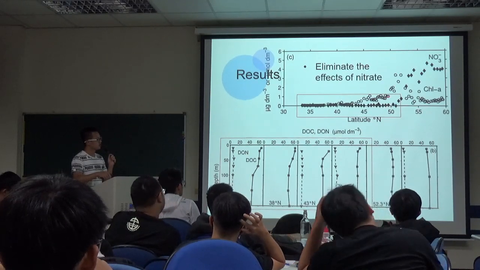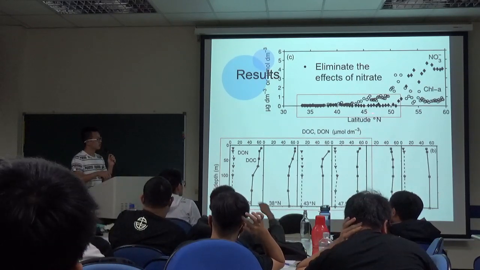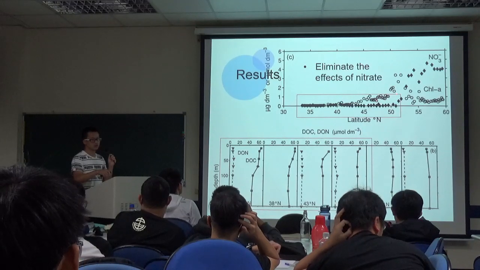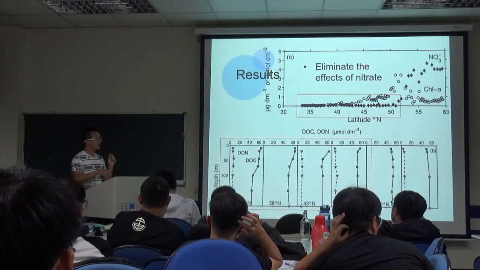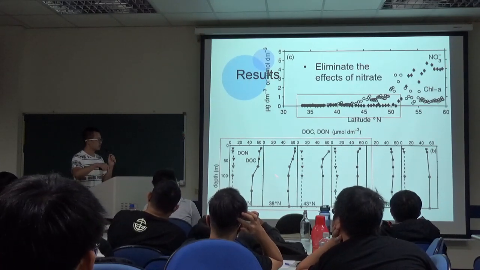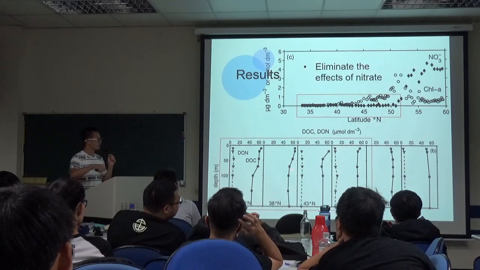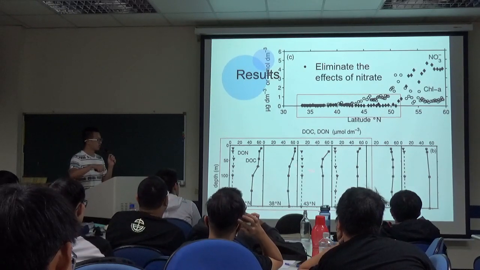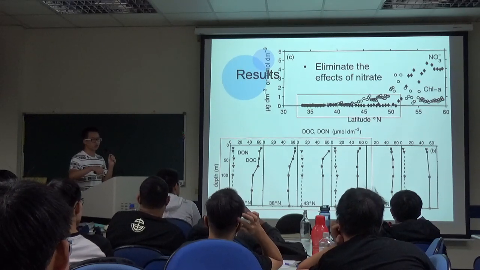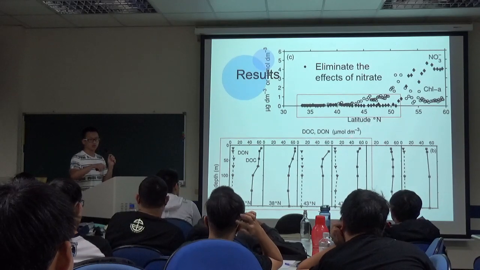You can see that when the latitude is less than 50 degrees, the nitrate is about 0. So we can eliminate the effect of nitrate. So in the other pictures, we also use the latitude less than 50 degrees. The first four pictures have latitude less than 50 degrees, so we use the first pictures' data, not the other two pictures' data.